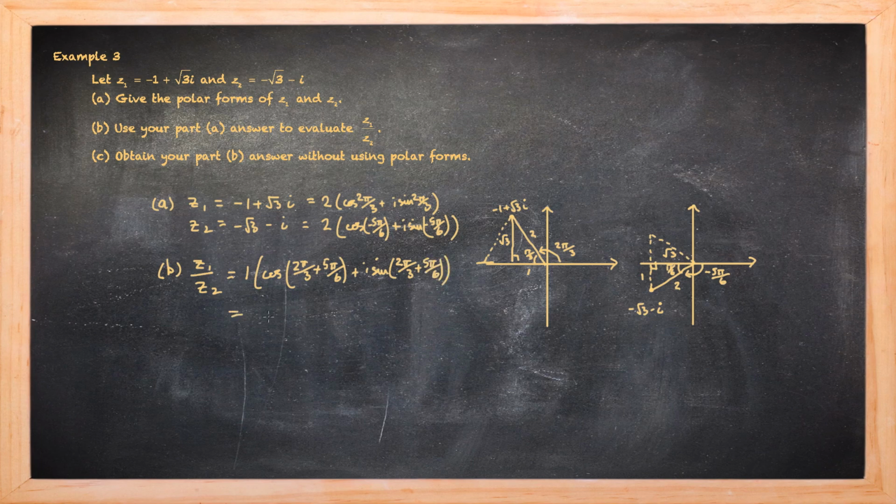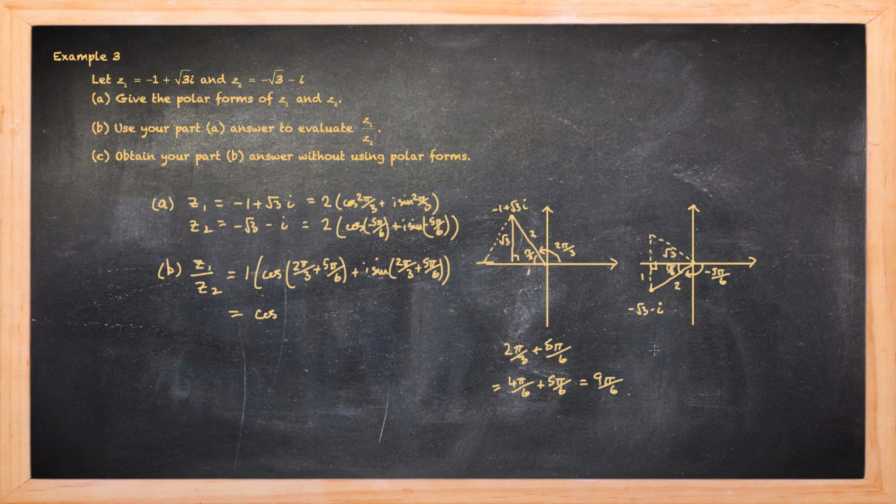So there's a little calculation that we'll have to do. 2 pi upon 3 plus 5 pi upon 6. Let's think in terms of pi upon 6's, so double top and bottom here, 4 pi upon 6 plus 5 lots of pi upon 6. That'll be 9 lots of pi upon 6. Now you'll notice that's greater than pi. 6 lots of pi upon 6 is pi.